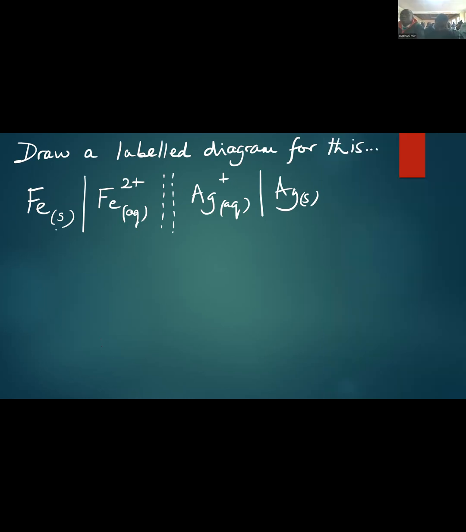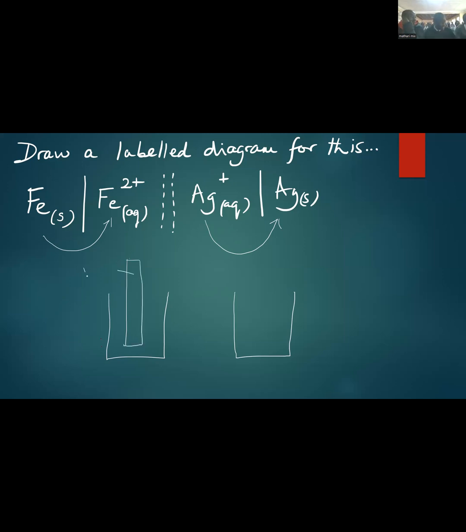So I know that it looks like the iron is turning into Fe2 plus, and then the silver ions are turning into silver. So I need to have my 2 beakers. Into my first one, I'm going to have a piece of iron.